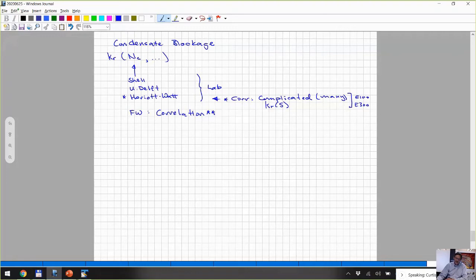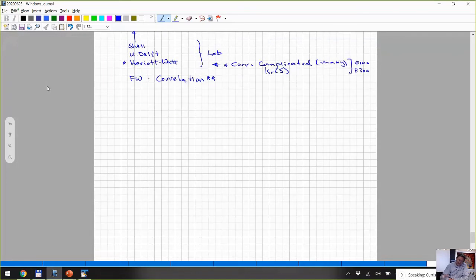So what basically you want to know is, how does KRG improve for a given flowing mixture?